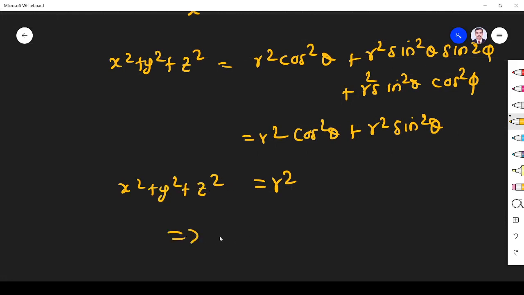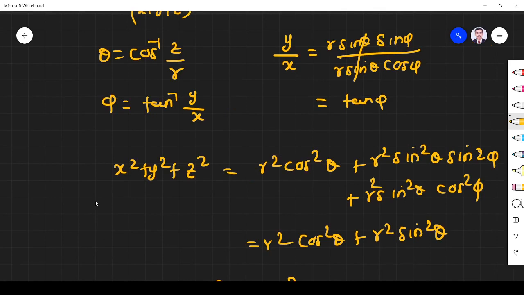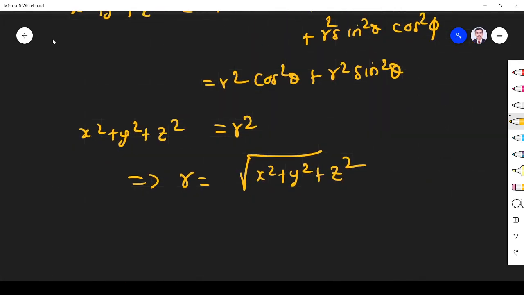This means r is equal to root of x squared plus y squared plus z squared. So I found r in terms of x, y, z, the Cartesian coordinate system. Then phi in terms of y and x: phi is equal to tan inverse of y by x. Again it is Cartesian.